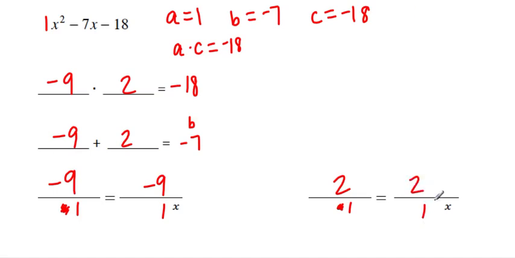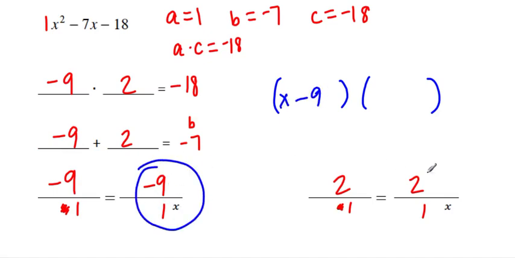Those don't really reduce. But the nice thing about this is now that you have that, notice I put an x there. That's there for a reason. You have found your two binomials. You take this as your x, -9 for one set of parentheses, and you take this one for the other one. So you have an x plus 2.